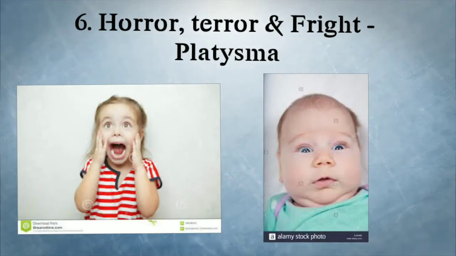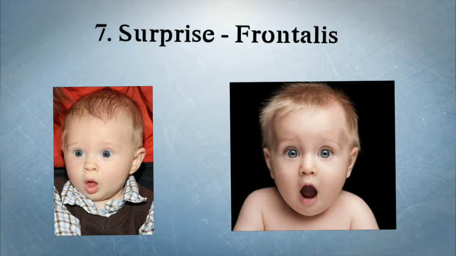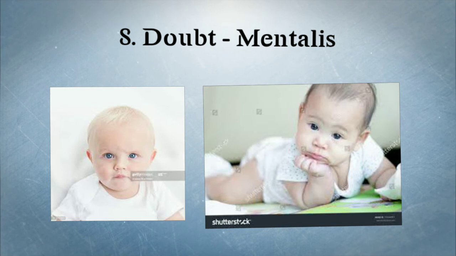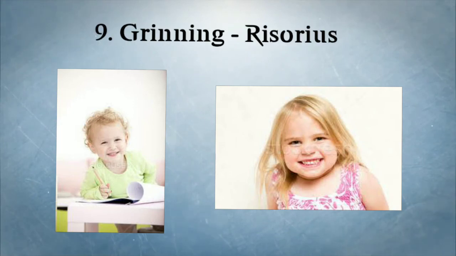The sixth expression is horror, terror and fright, and the muscle responsible for it is platysma. The seventh expression is surprise, and the muscle responsible is frontalis. The eighth expression is doubt, and the muscle responsible is mentalis. The ninth expression is grinning, and the muscle responsible is risorius.